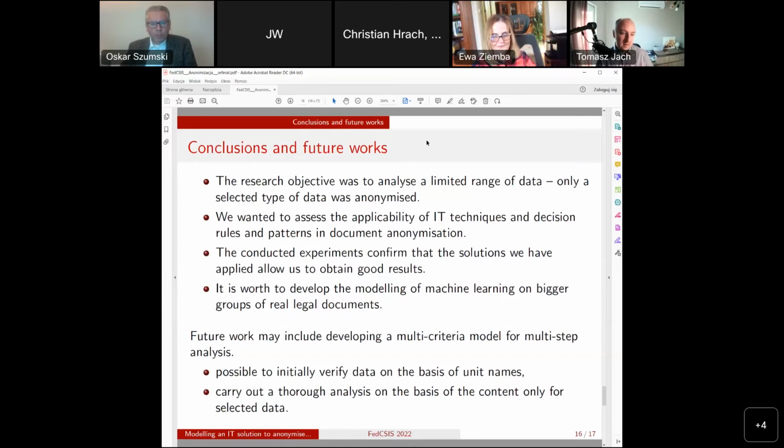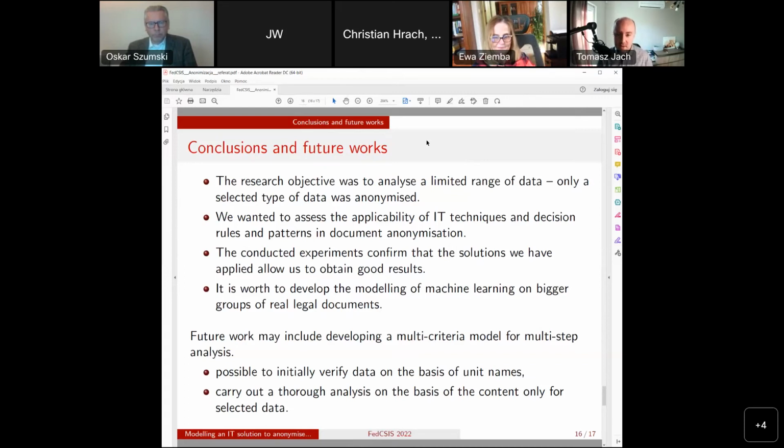So not having my PESEL number shown, but a person who lives in this city, who lives on this flat, or has this fiance or this wife. The algorithms won't be able to anonymize all of that indirect information.